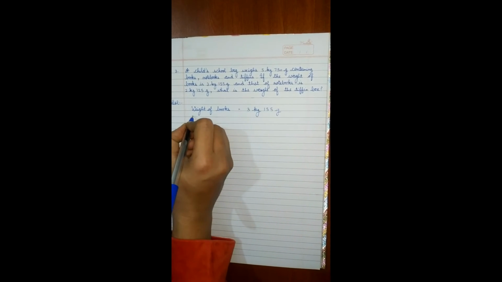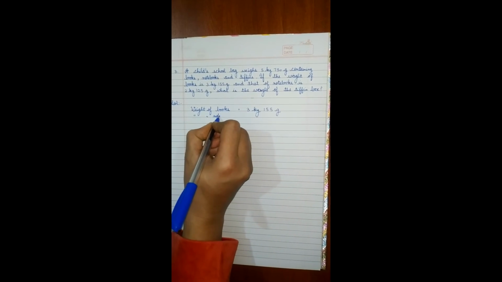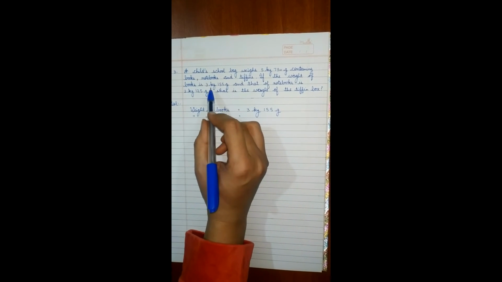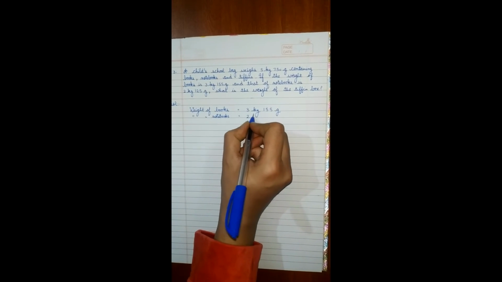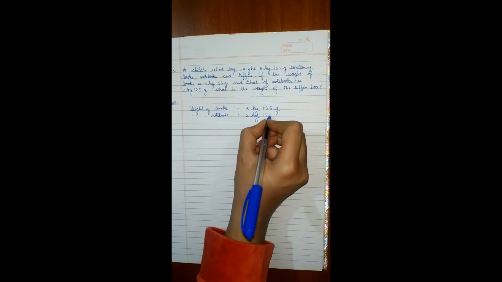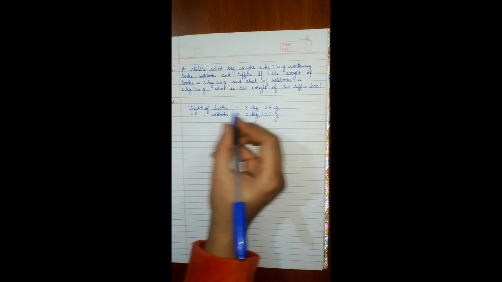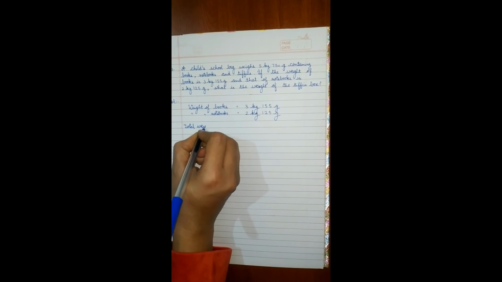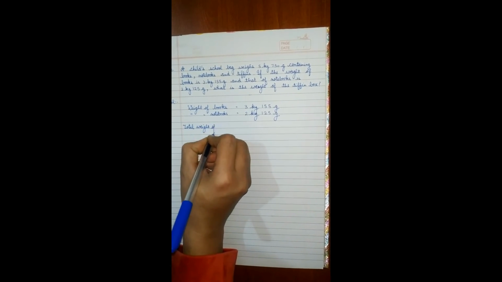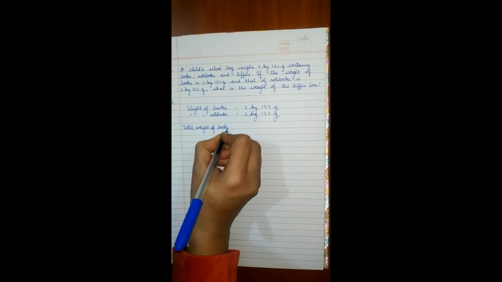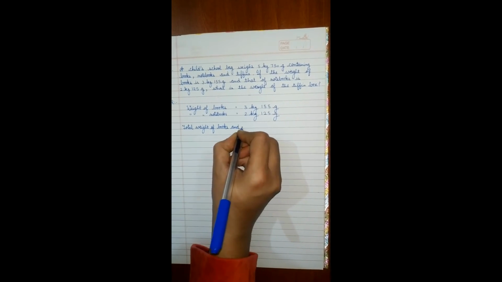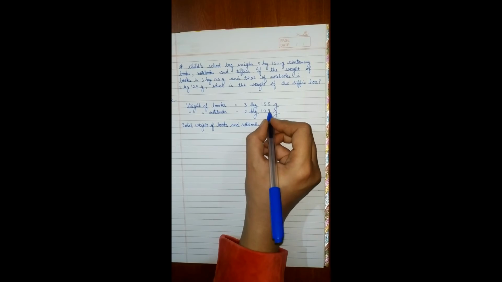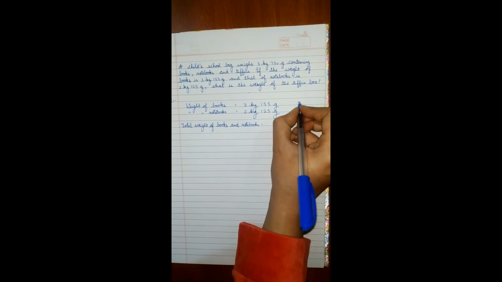The weight of notebooks is given to us, write down the weight of notebooks, 2 kilogram 125 gram. Now write down the total weight of books and notebooks. Do the addition. Add it in the rough side.